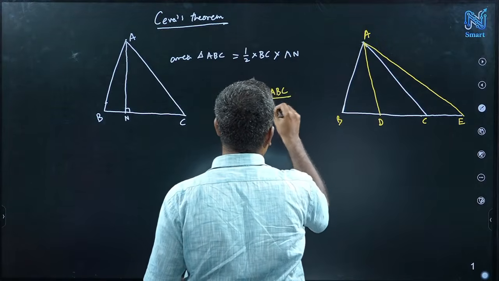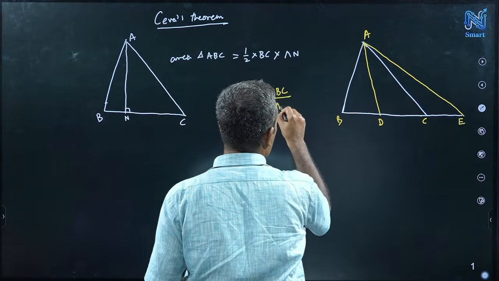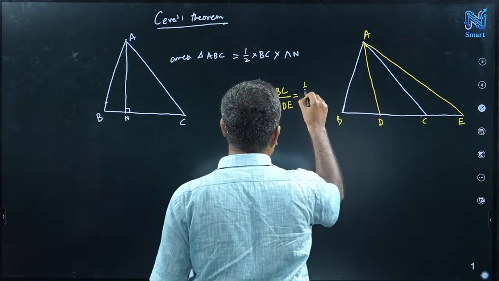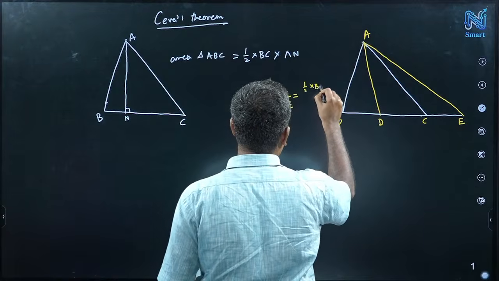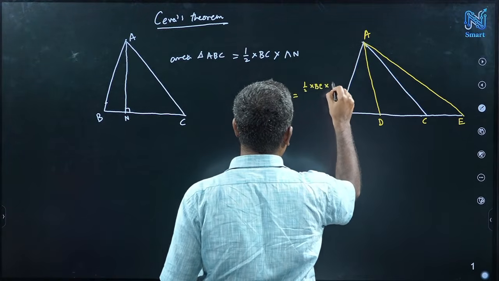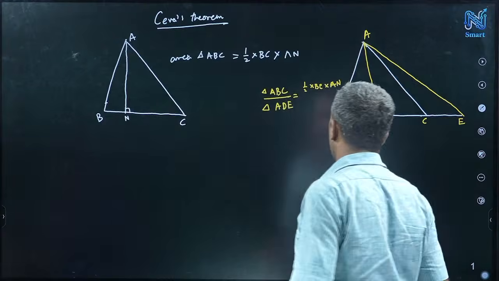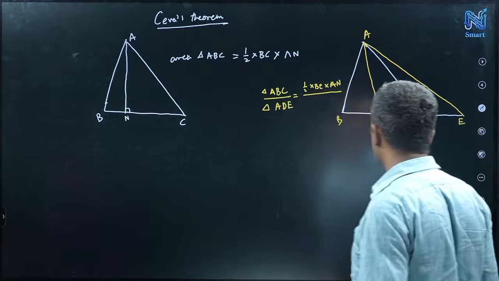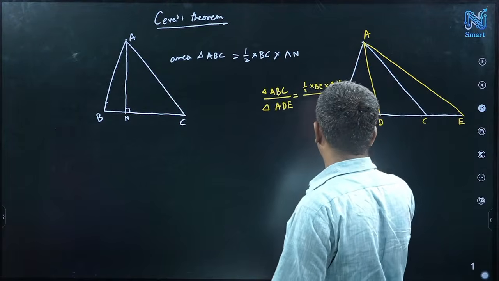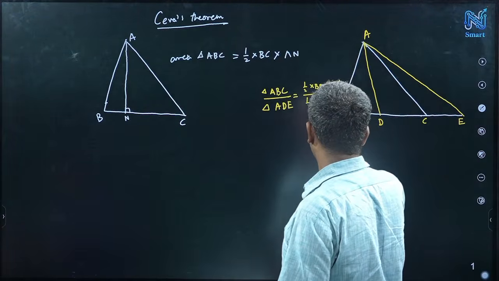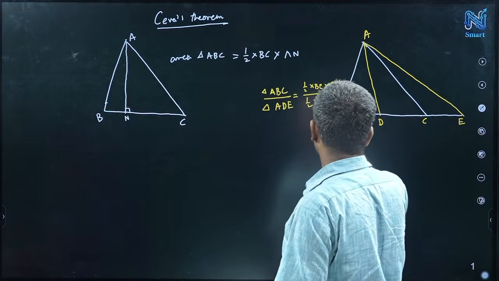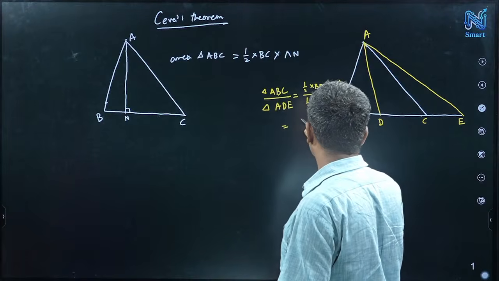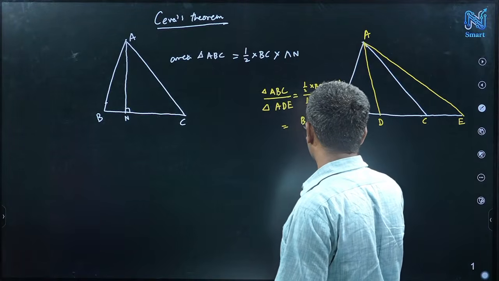Area ABC divided by area ADE is half of BC into the height, where N is the foot of the perpendicular from A on BC, and the area of the triangle ADE is half of DE into the same height. So that means it is the ratio of the two bases.